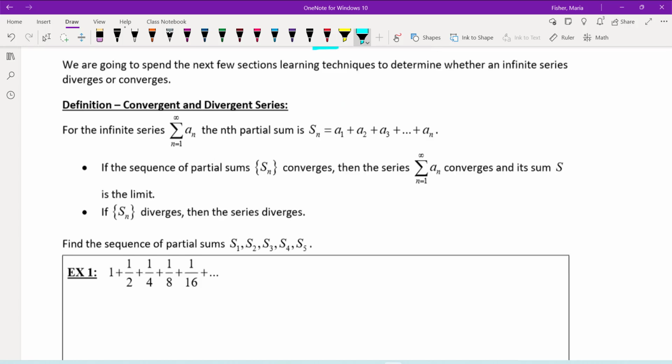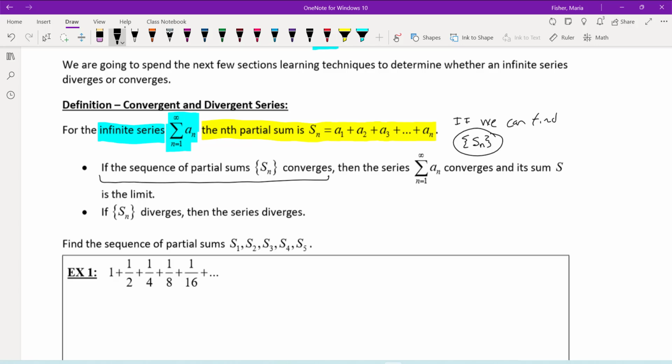Now for an infinite series, the sum from n equal 1 to infinity of a sub n, the nth partial sum is equal to a sub 1 plus a sub 2 plus a sub 3 all the way to a sub n. That's just an nth partial sum. What we say is that if we can find the formula for that sequence s sub n, which would be just a way that we could list out the partial sums, then we can treat it as a sequence.